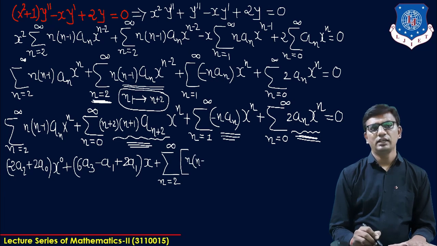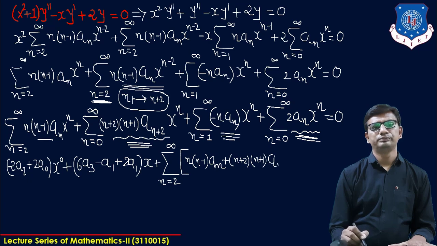Then we get n(n−1)a_n plus (n+2)(n+1)a_{n+2} minus n a_n plus, from the last summation, 2a_n, with x raised to n common, equal to 0.